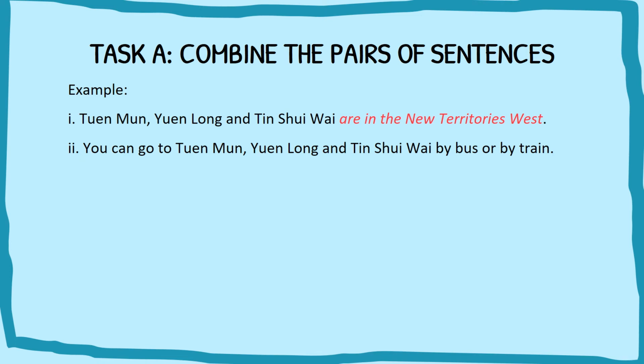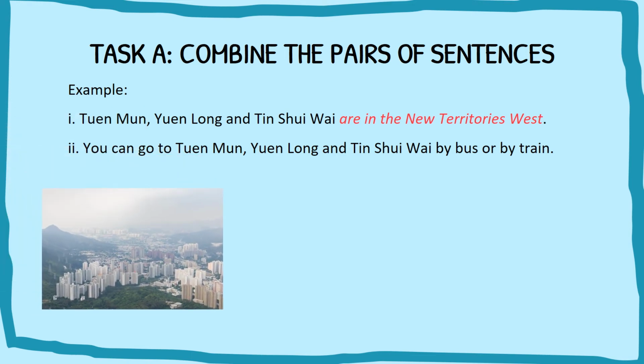In this example, as you can see now on the screen, there are 2 sentences, and the first one reads, Tuen Mun, Yuen Long, and Tin Shui Wai are in the New Territories West. The second sentence, you can go to Tuen Mun, Yuen Long, and Tin Shui Wai by bus or by train.